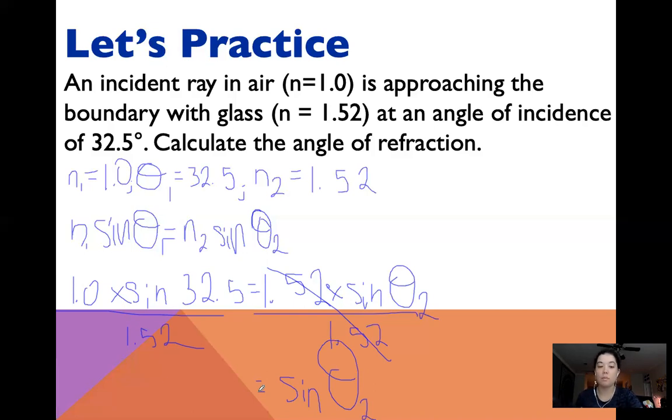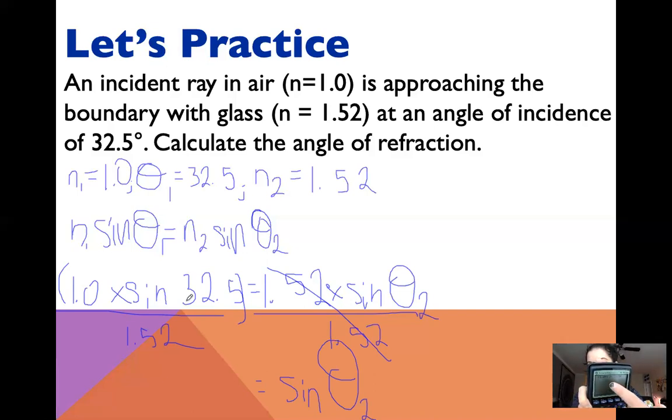I'm going to go to my calculator. Remember, put the numerator, if there are multiple things, in its own set of parentheses. In this case I've got the 1.0 and the sine of 32.5. Start my parentheses, 1.0 times sine of 32.5. Before I type my division, I'm going to count.